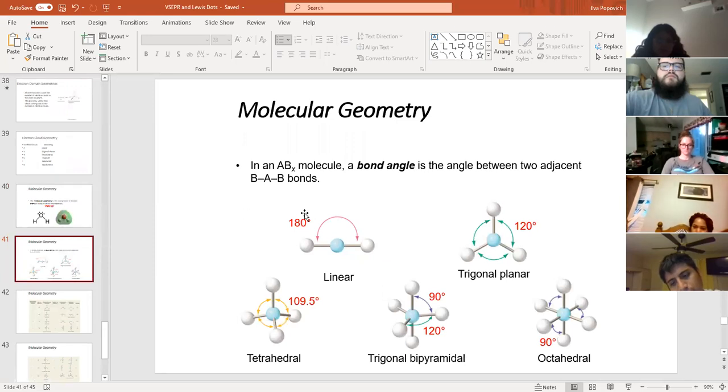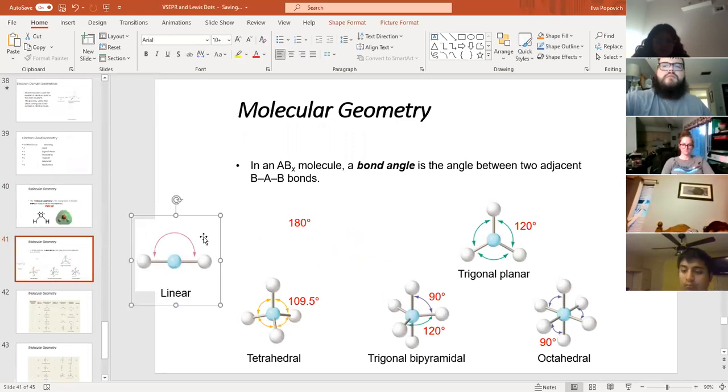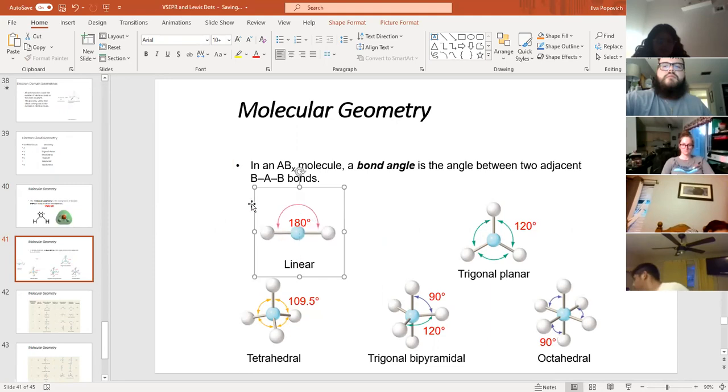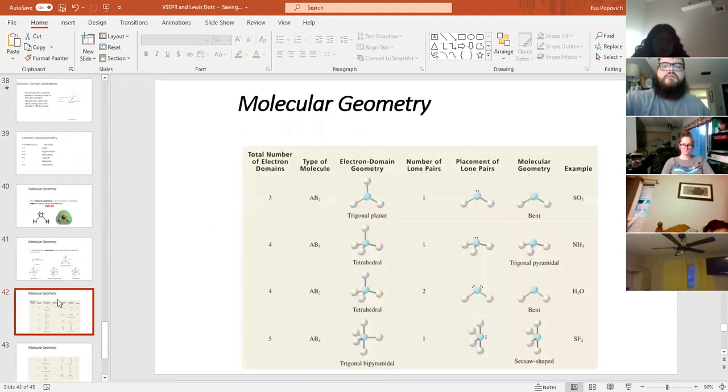So if I'm dealing with the geometry, first of all, I need to determine what the electron domain geometry is, or the electron cloud geometry, the electronic geometry. It is dictated by how many clouds are around the center atom.